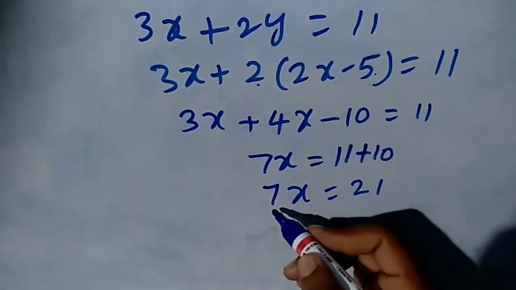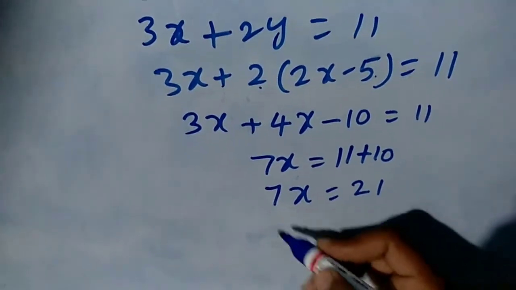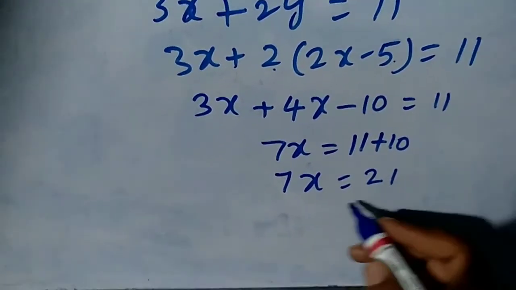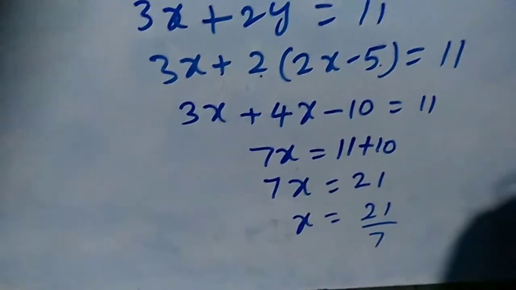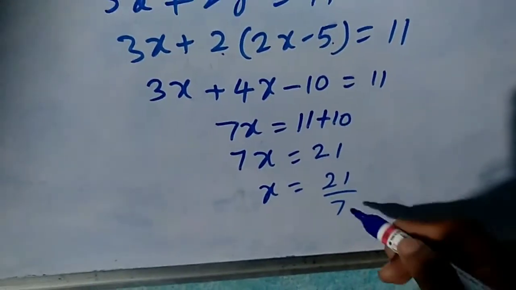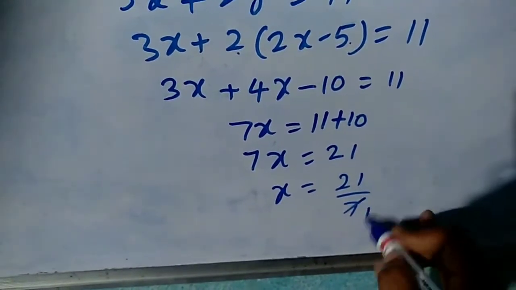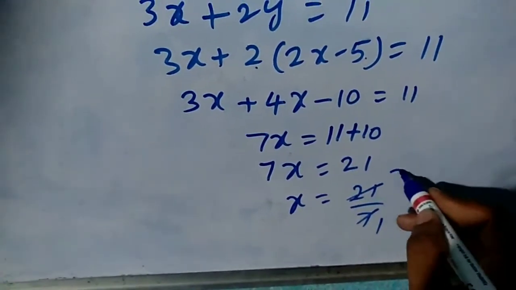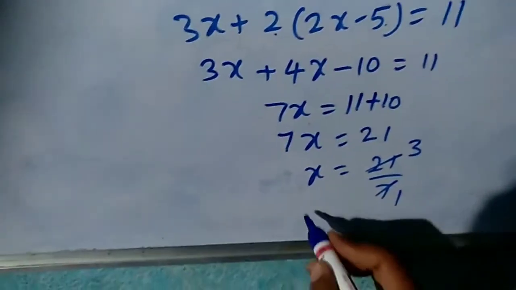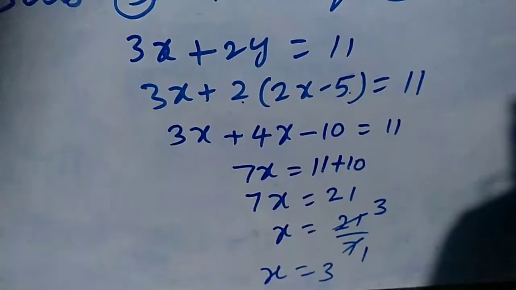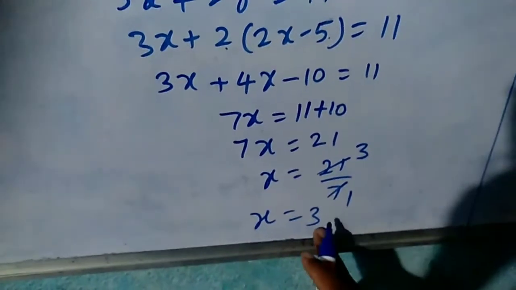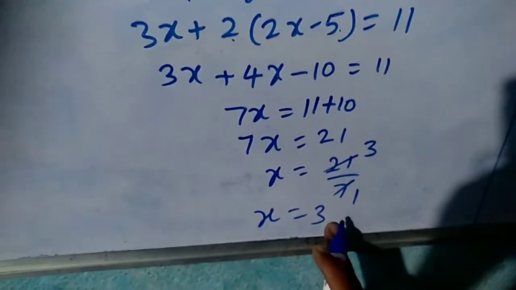Now here 7 is multiplying, transposing means dividing, so x is equal to 21 by 7. In the 7 table, 7 threes are 21, so x is equal to 3. So here we get the value of x.